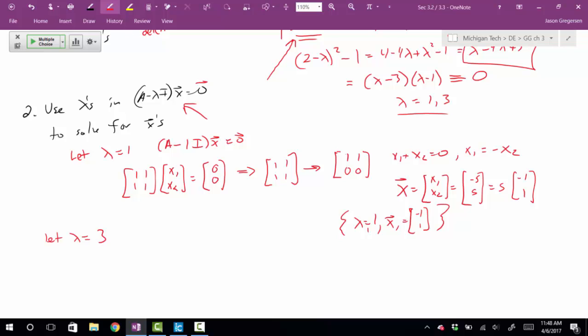Go through the steps, and once you get through it, you start to get more comfortable with it, and you can shortcut this. Just take A, subtract 3 off the diagonal, and then row reduce. For a 2 by 2, I'm not even going to row reduce, because I know the second row is going to go to 0.